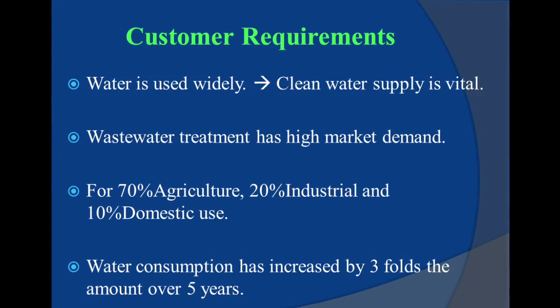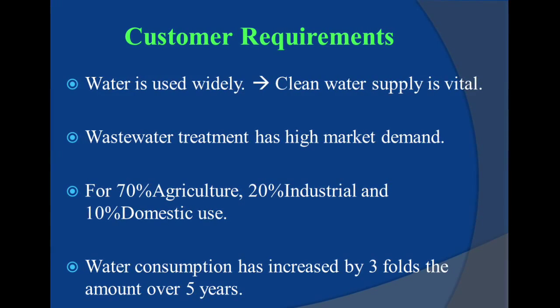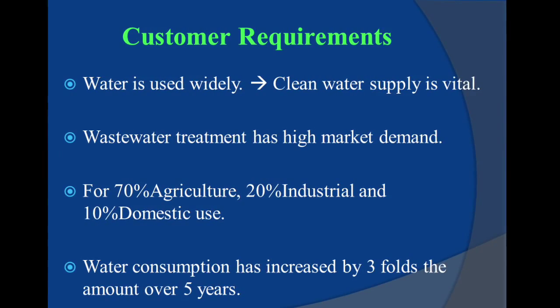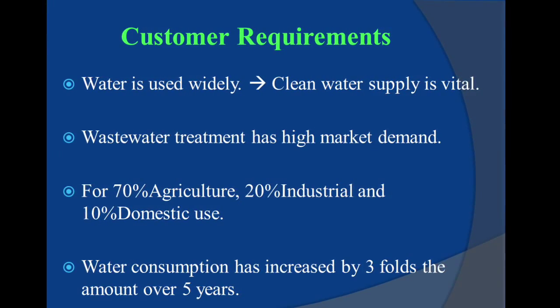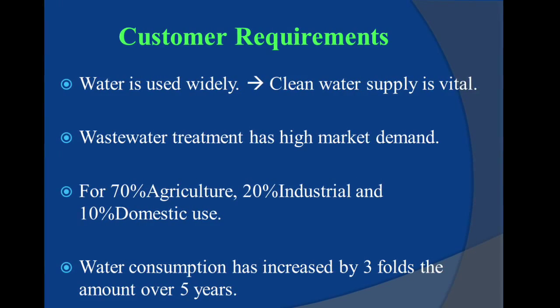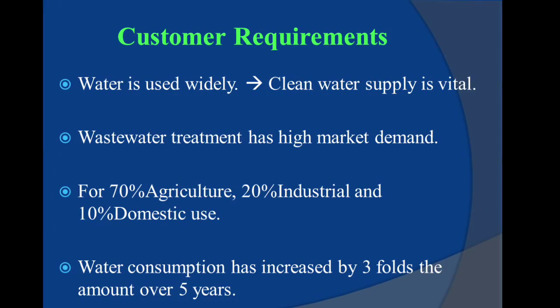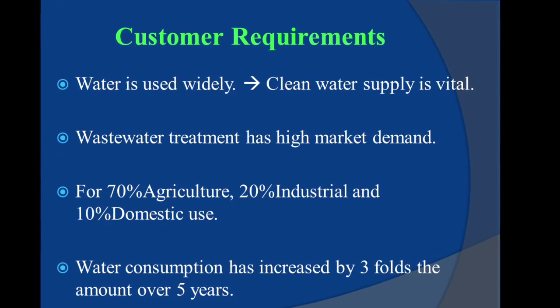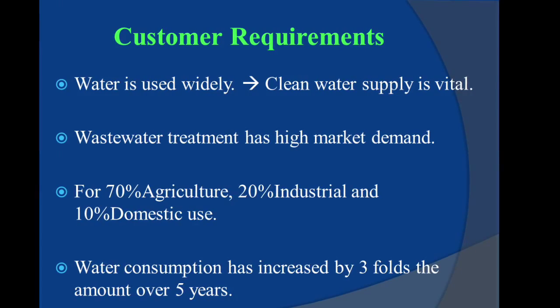Statistics show that agriculture accounts for 70% of all water consumption, 20% for industrial users, and the remaining 10% for domestic users. In the agriculture sector, water is used for irrigation of crops and pastures, stock, drinking water, and dairy and piggery cleaning.